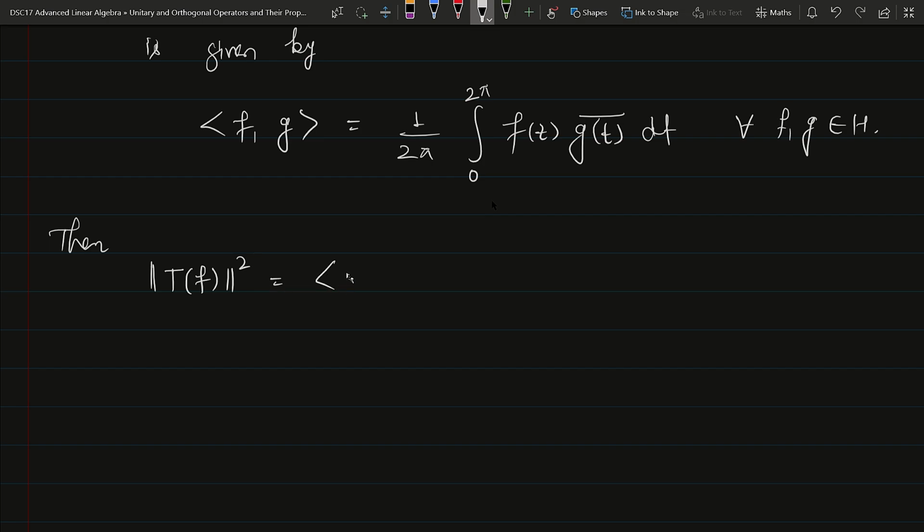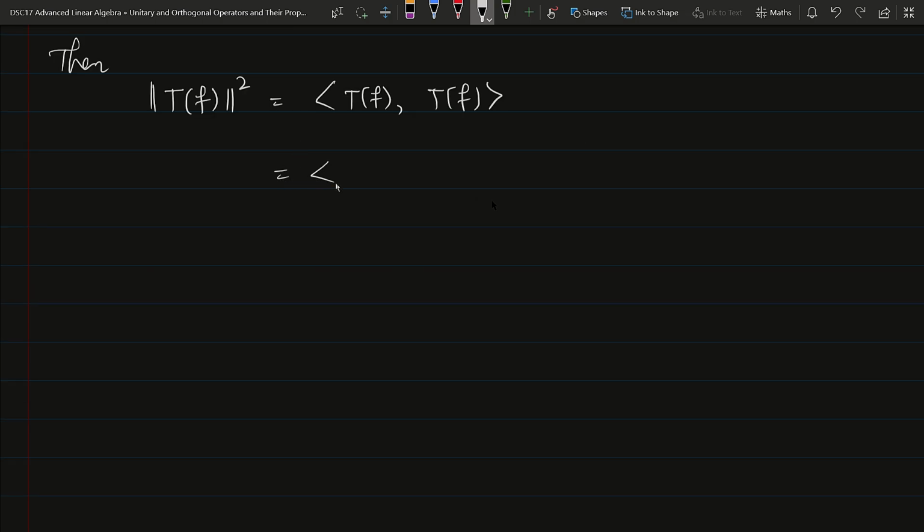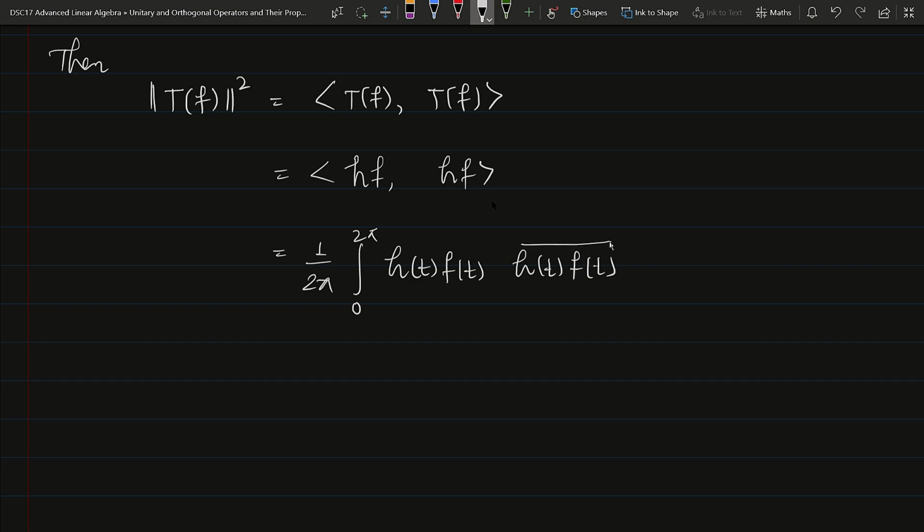Then what about the norm of T of f square? So that is the inner product of T of f with T of f, right? And we know this is given by product of h and f, right? This is the product of two functions, okay? And this will be 1 upon 2π 0 to 2π, and then we will write h(t) f(t) and then h(t) f(t) bar dt.